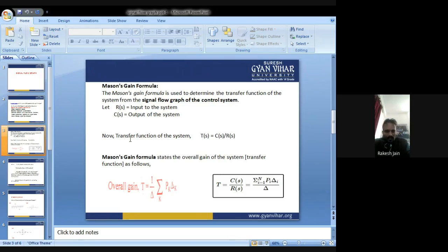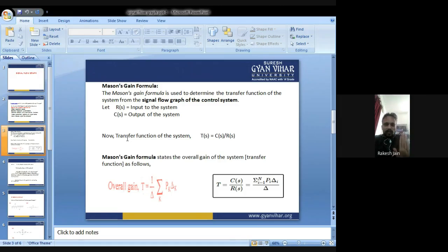So first of all, in step number 4, you have to find out the different loops and write down the loop gains, right? And then you have to see what del 1, del 2, and so on are. Del 1 means, among all those loops which you just calculated in step number 4, which loops do not touch the first forward path.